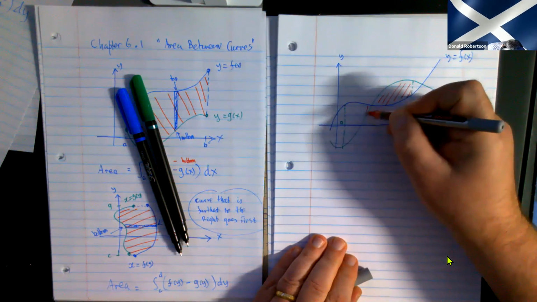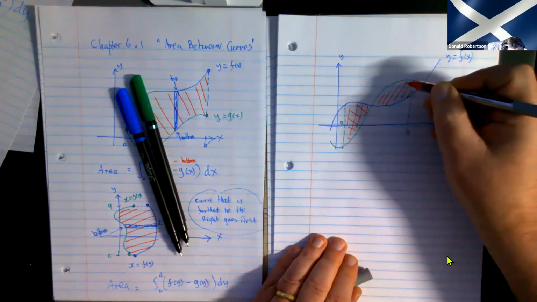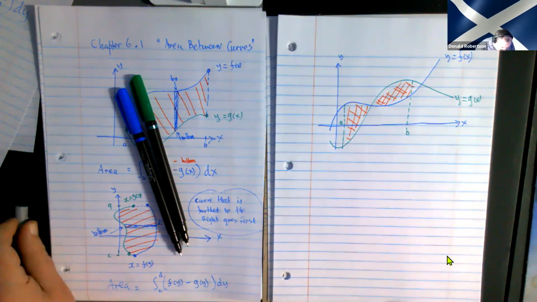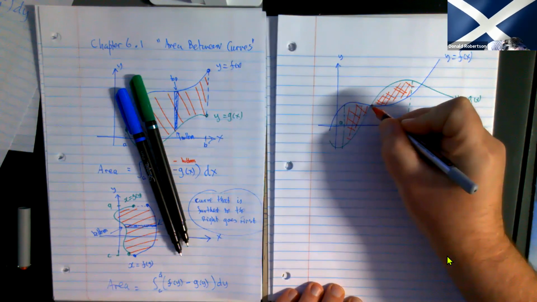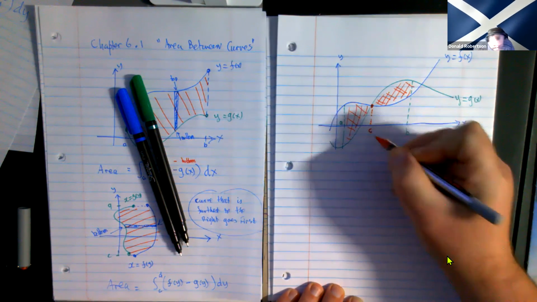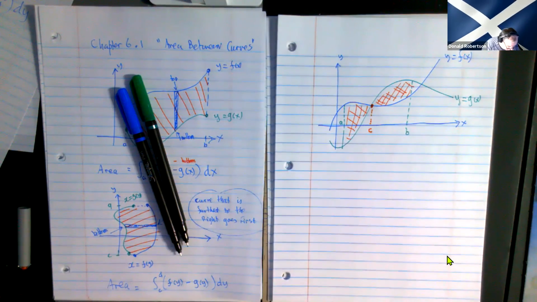So the area between the two curves looks a little bit like some weird glasses that somebody might wear. Now I'm going to give this guy a letter C. So that has an x coordinate of C, that point of intersection.